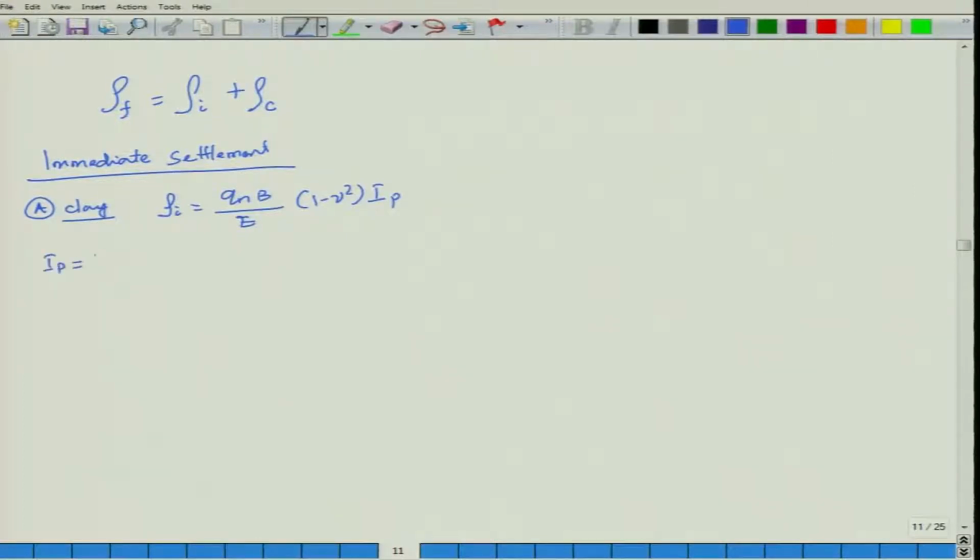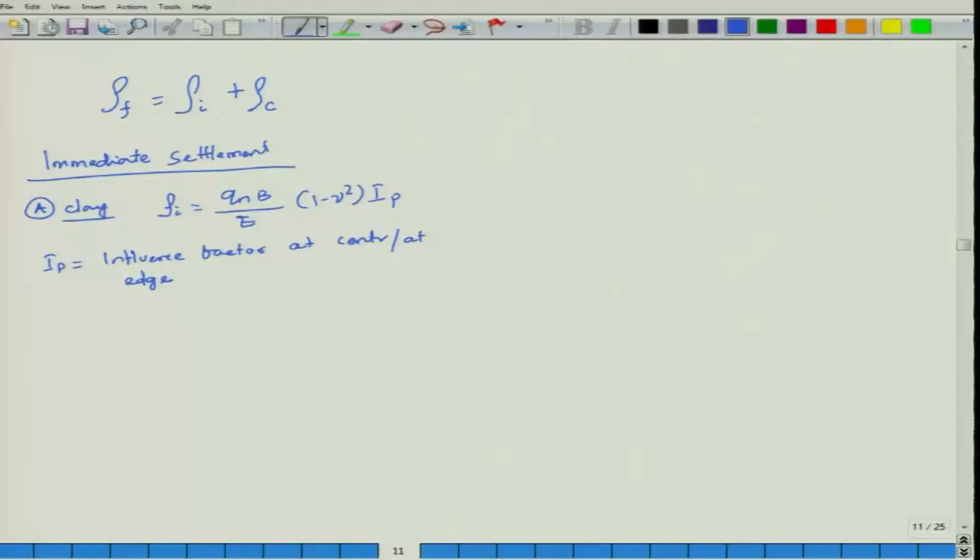Ip is your influence factor at the center as well as at the edge. From where will you get the influence factor? Either this influence factor will be given, or you can go for a plate load test. I have explained earlier also.